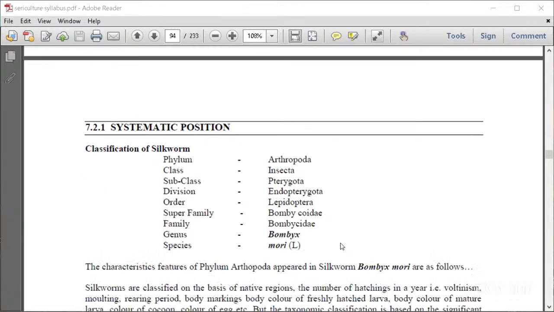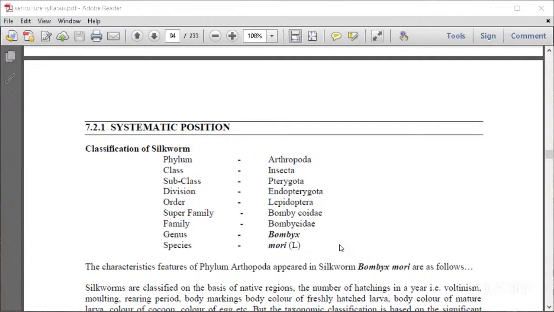So, what are the things in this? We'll see. Silkworms are classified on the basis of their native regions and the number of hatchings per year, that is voltinism, molting, rearing period, body markings, body color of freshly hatched larvae, body color of mature larvae, color of cocoon, and color of eggs.